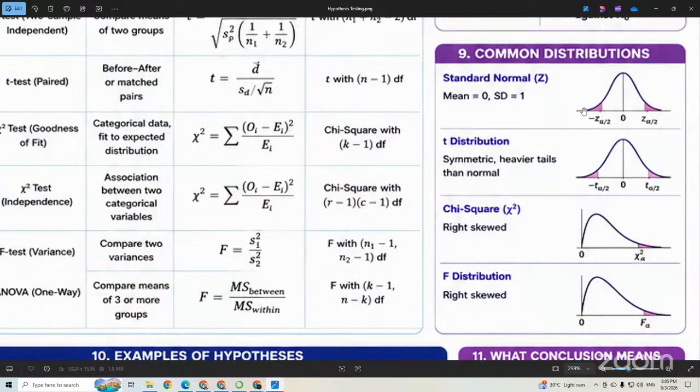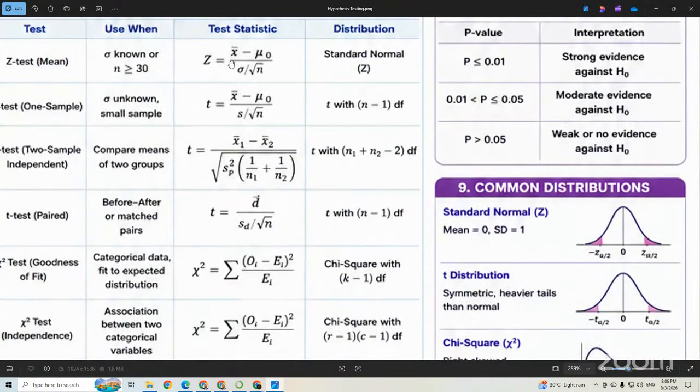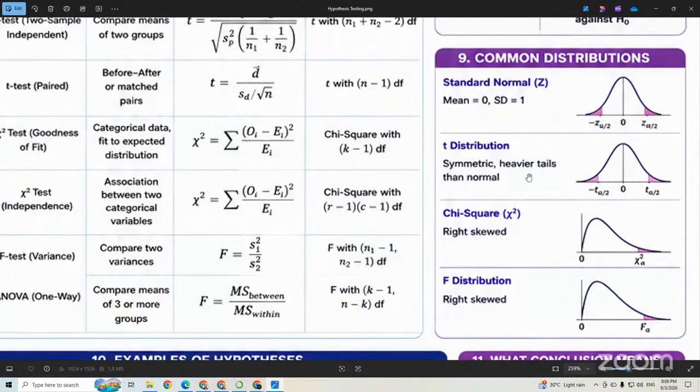Here you can see the mean value is 0 and the standard deviation is 1, and for this z test, the first one, half is in red on the left side and half on the right side. So this is two tail. Here we can also see a symmetric distribution with heavier tails than normal. You can see minus t alpha by 2 on the left side and the same on the right hand side.